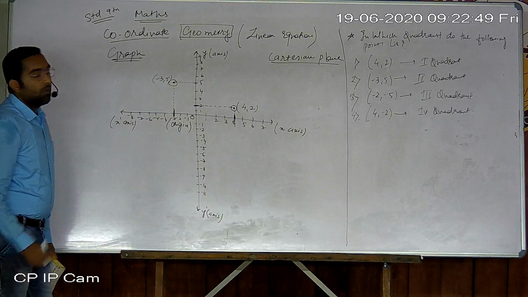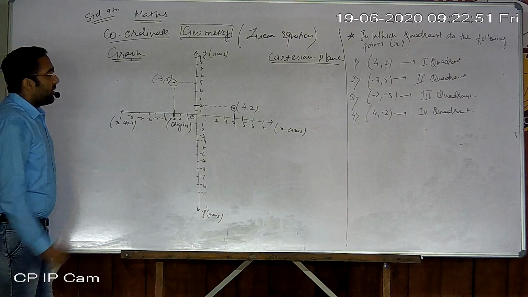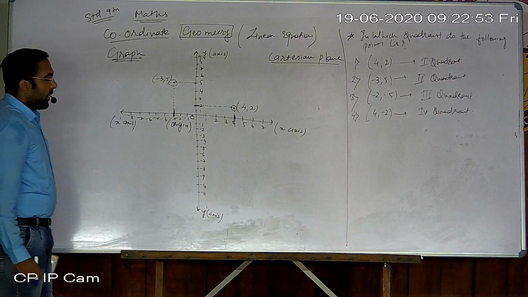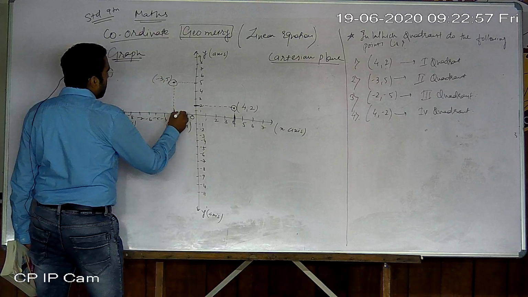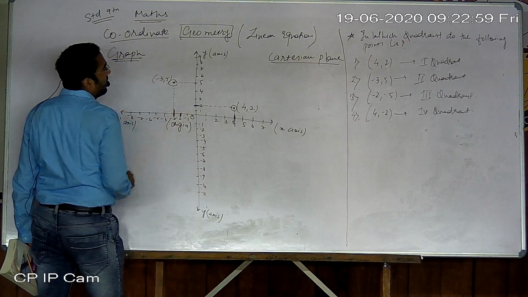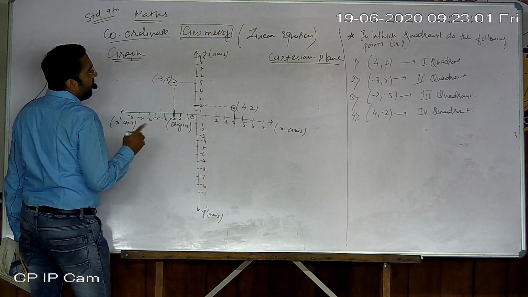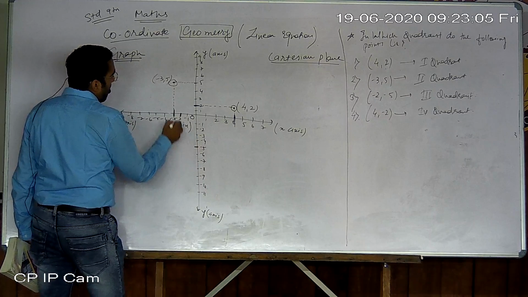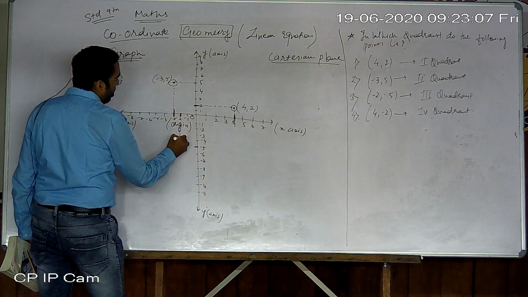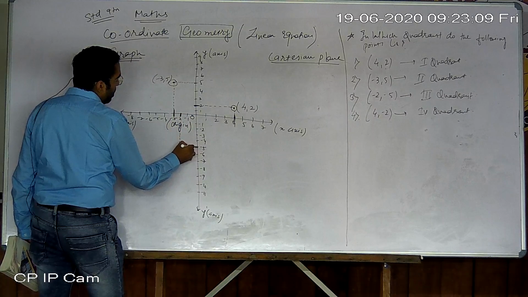Now the third point, that is minus 2 comma minus 5. The value of x is minus 2, that is here, and the value of y is also minus 5, that is here. So I'll draw the dotted lines to show you.